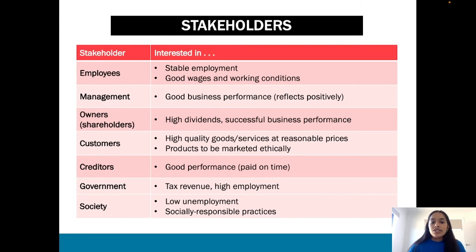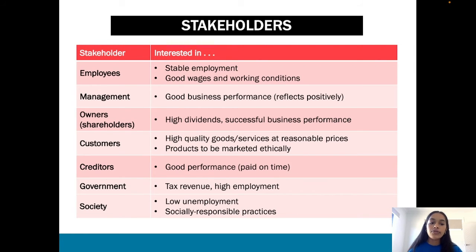Then we have management. They really want to be making sure that there is good business performance because that would reflect positively on them. Owners or shareholders, they would want to make sure that there's high dividends, so the business is really performing well. Dividends is what the business gives back to the shareholders.